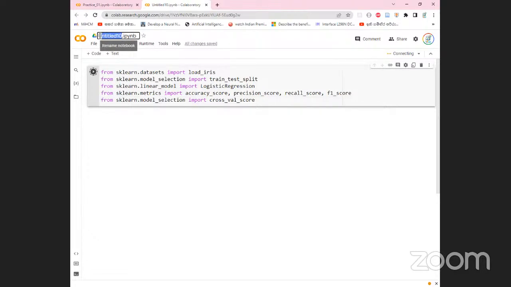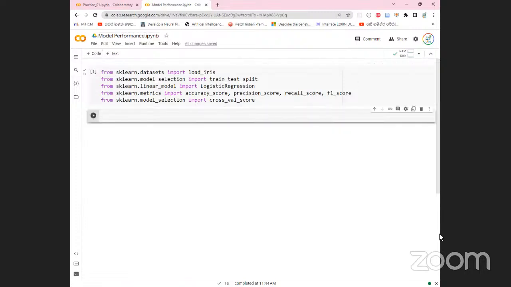We will rename this one as model. So models are loaded, then we will add another cell and load the data set. That is the iris data that we are going to use again for practice.